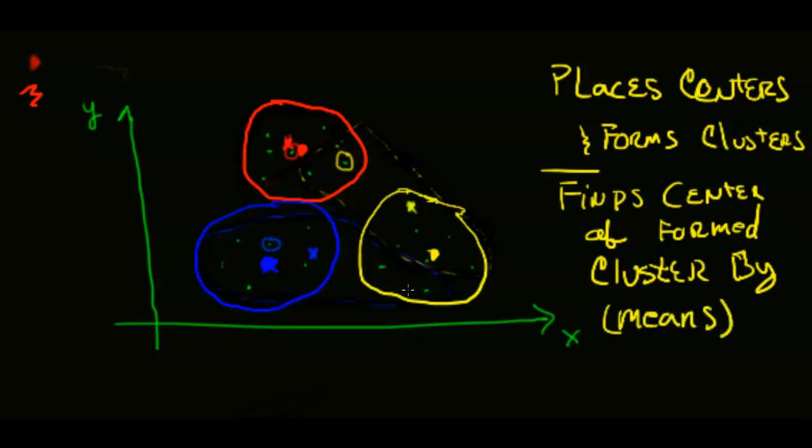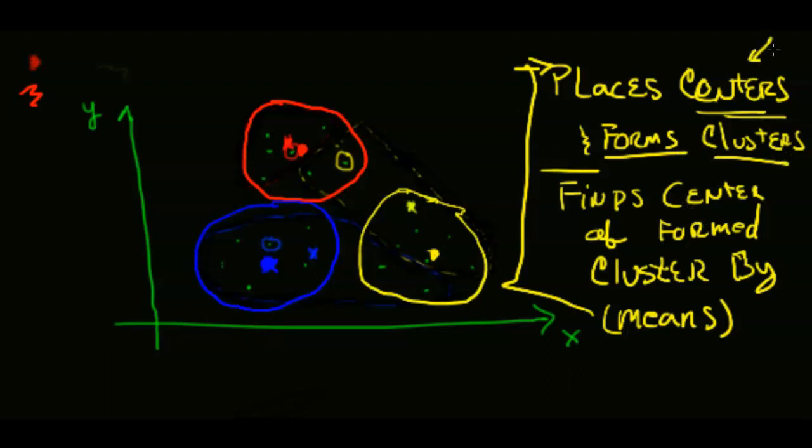So it calculates the average in both directions. And then it comes back here and it replaces the centers and forms new clusters. And it keeps doing that until the centers stop moving. And then when the centers stop moving, it says, okay, I'm done. I have my 3 clusters, or however many clusters I need, and I'm good to go.